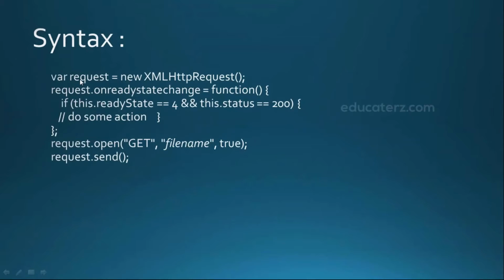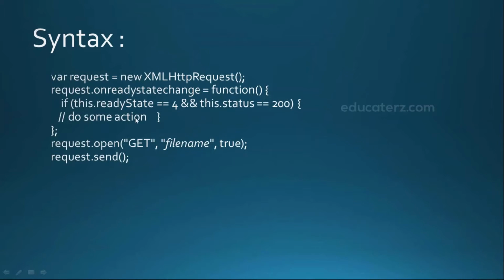Okay, so this is the basic syntax of creating the XMLHttpRequest. Here you can see that we created a variable called request and then created an object using the XMLHttpRequest constructor. And here we added the readystatechange handler, and based on the readyState being 4 and the status being 200, we want to do something. Why do we check readyState 4 and status 200?